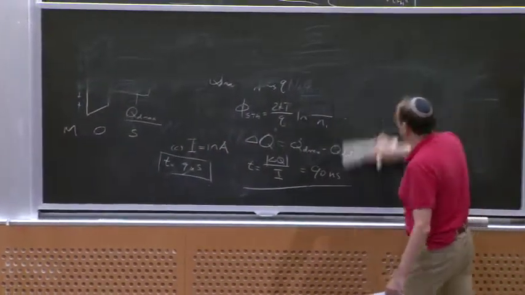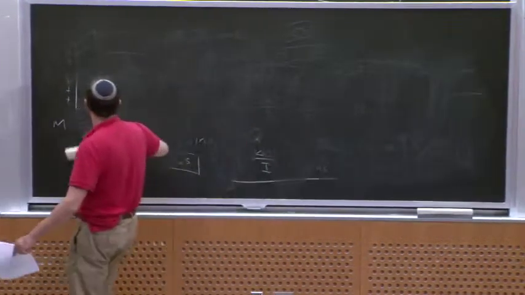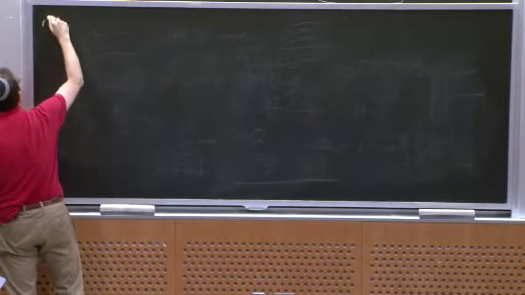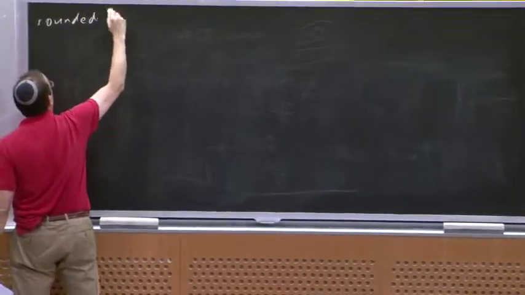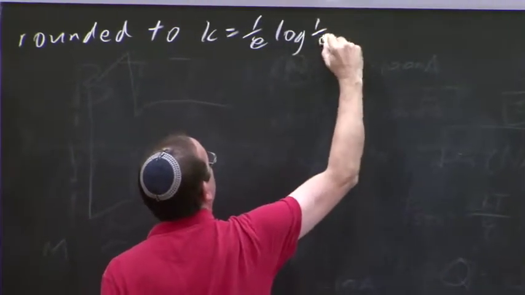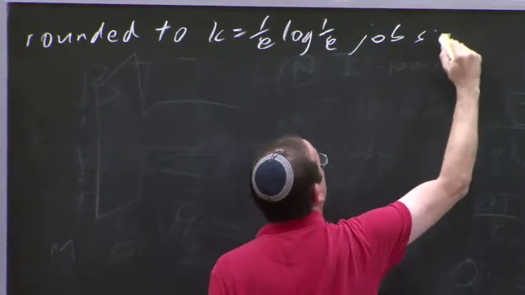Let's get rid of all that. So we have rounded to k equals 1 over epsilon log 1 over epsilon job sizes.